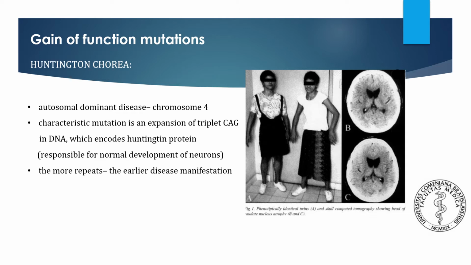So basically, this is also called a polyglutamine disease. And this excessive glutamine is basically harming the neurons, and the more repeats are genetically inherited, the earlier this is manifest.